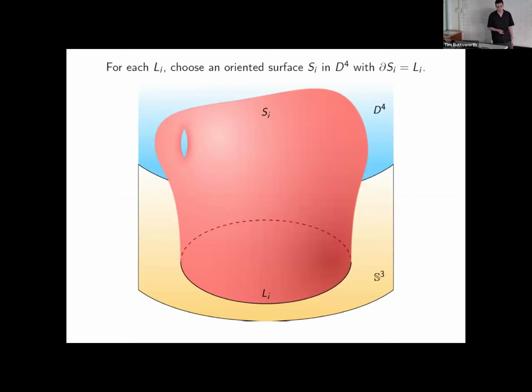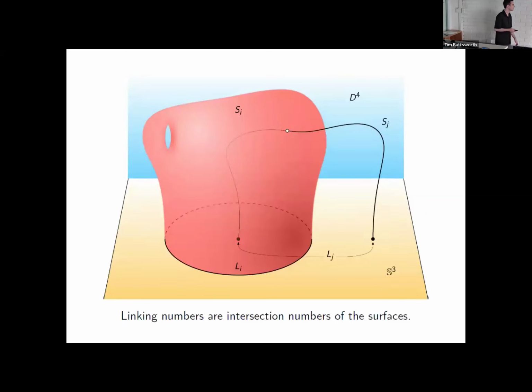Okay, and so now what's the key observation to make? The key observation to make is that for any two of my link components, the linking numbers downstairs are going to coincide exactly with the intersection numbers of these associated surfaces.